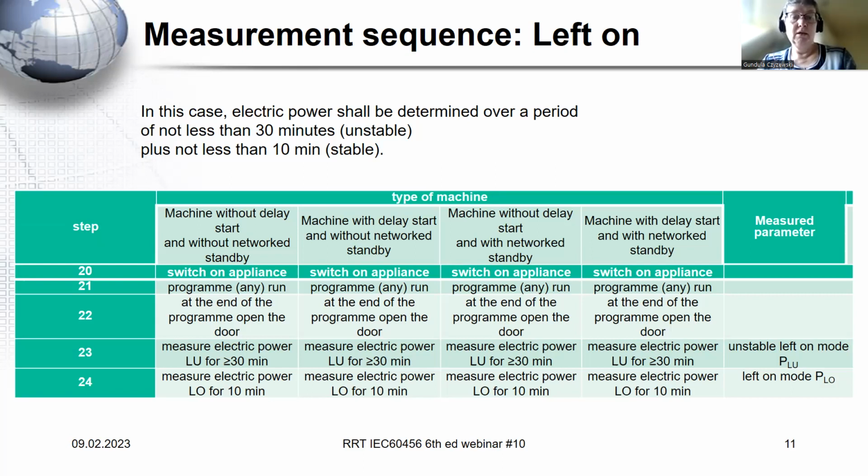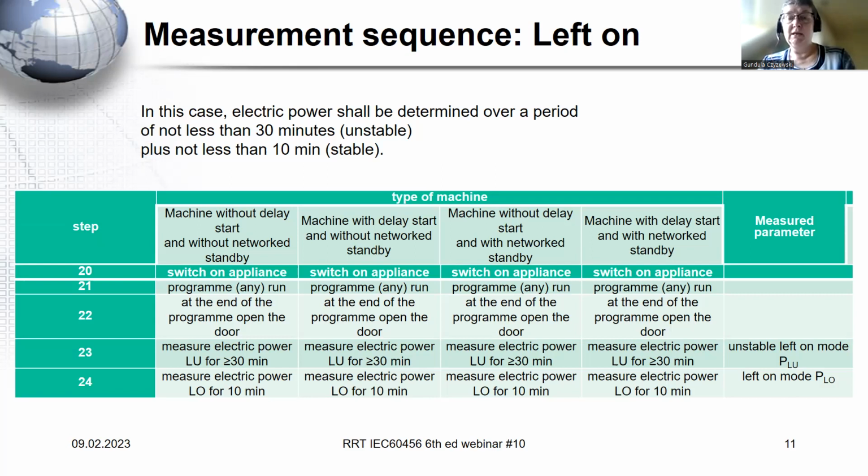After that, you would switch off the machine or not switch off the machine, depending on the instructions and depending on the concrete measurements you would like to do. In Europe, we did not switch off the machine. We were measuring for another 10 minutes the electric power and considered this the left on mode stable.